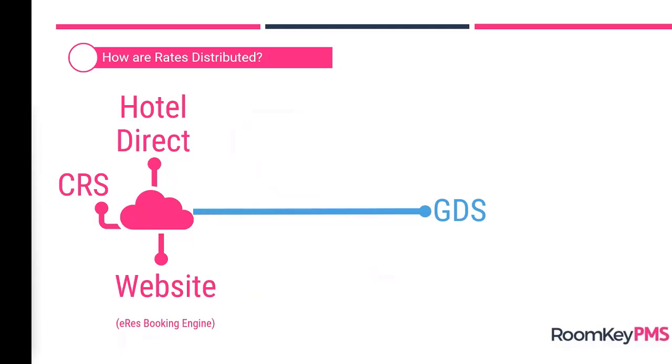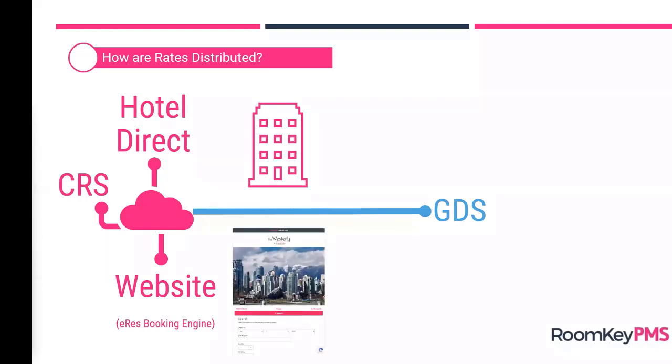So the other 3 channels that we're looking at here, we've got the Hotel Direct, and that's the distribution channel where you have someone that's logged into RoomKey and actually booking on behalf of a guest who has maybe contacted the hotel directly or is maybe standing right in front of you there. The other one is the website or ERES booking engine. A little example of a demo property there, the Westerly.